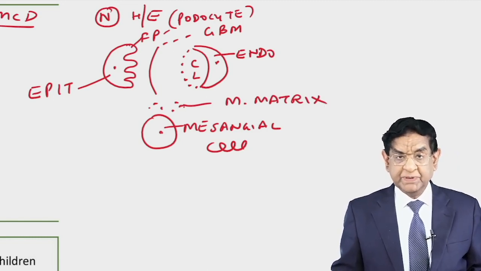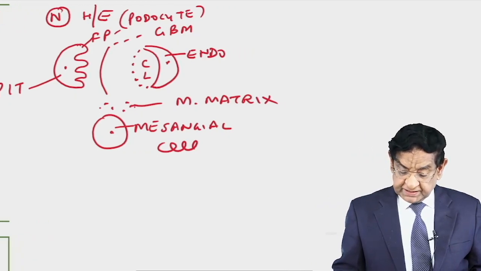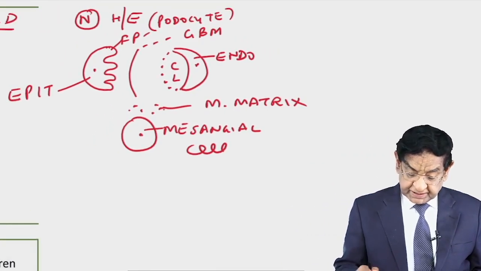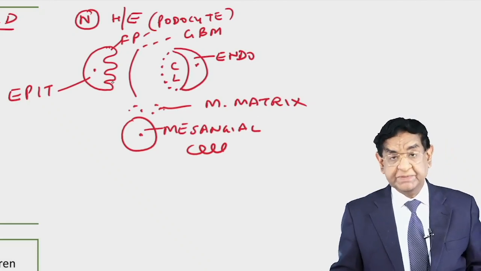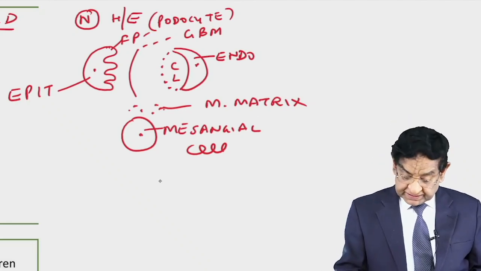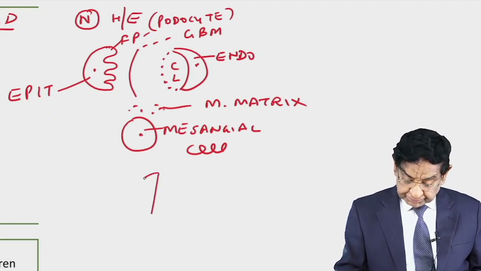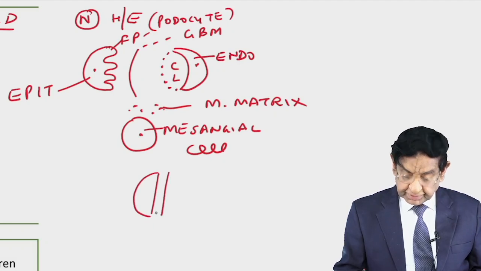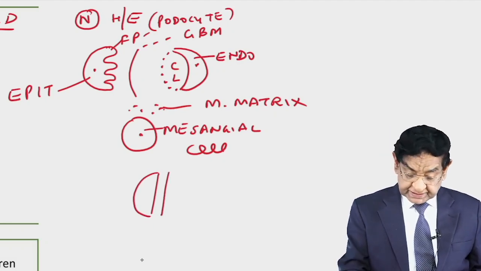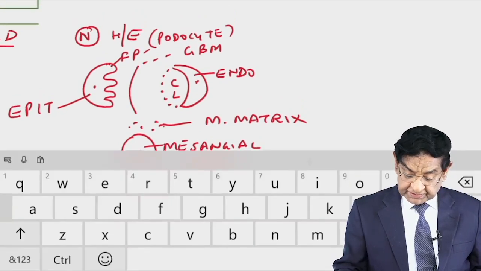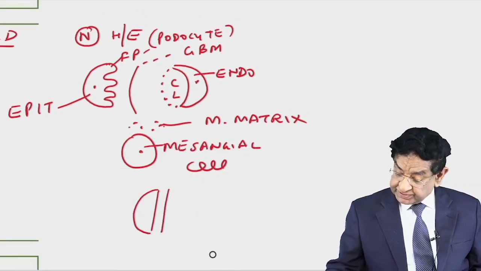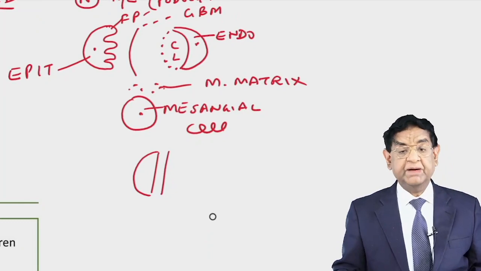Now let's talk about the pathology of minimal change. In the pathology of minimal change, this is the epithelial cell having foot processes. They are lost. Now you can see these foot processes have gone away, and as a result it has become flat.